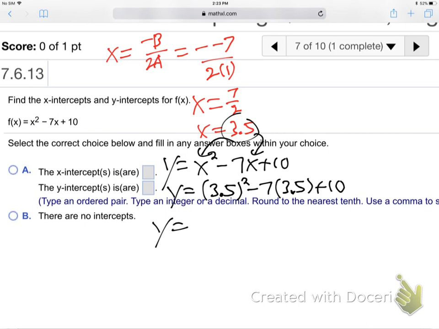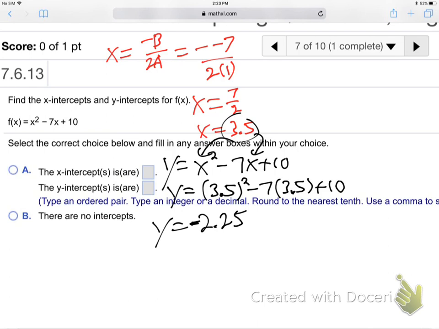The final answer for y? Is it 2.25? Positive? So a few of you getting that. Oh, is it negative? Yeah, I got negative. Oh, okay. Negative. You guys get that on your calculator? Why is it negative 2.25?